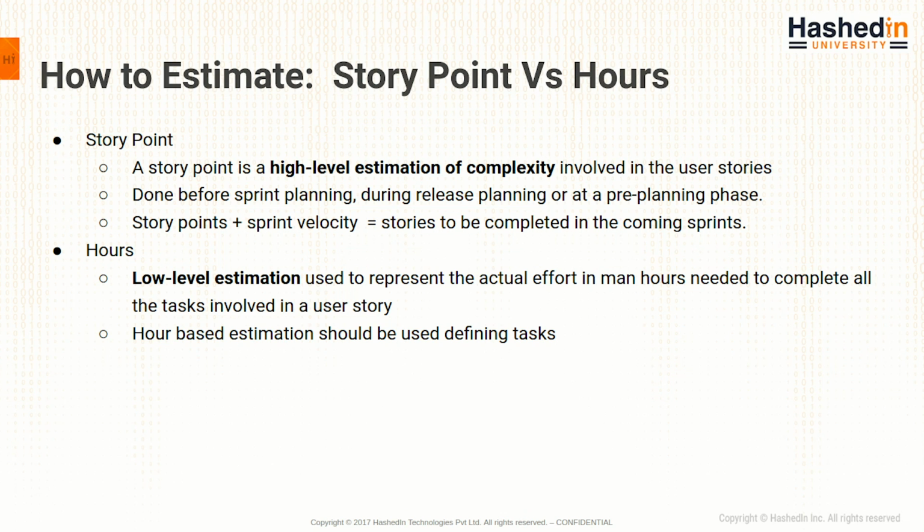It is defining the complexity level. Generally we define the complexity level from 1 to 8. If it is 8, that means it is highly complex and it's going to take more time. If it is 1, that means it can be easily done. Story points are generally assigned before sprint planning, during release planning, or at a pre-planning phase.